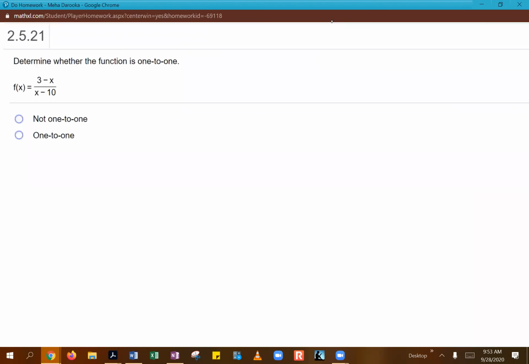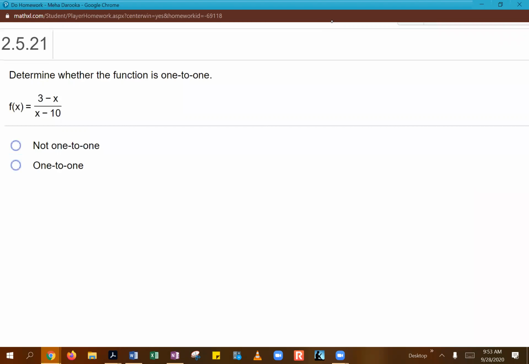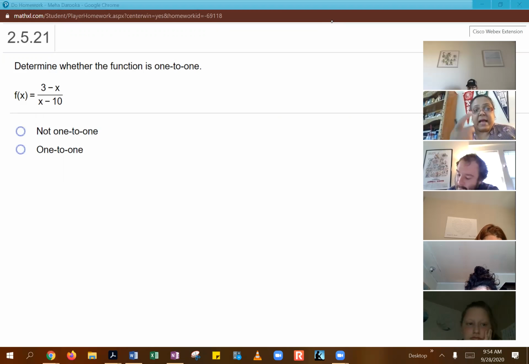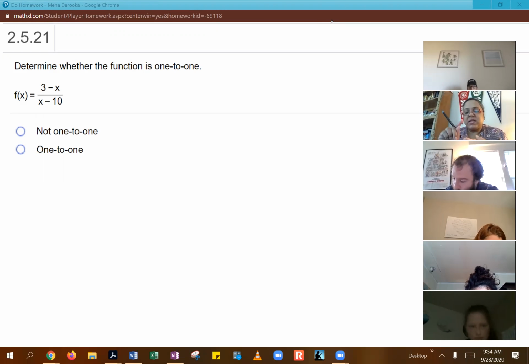And of course, like we had seen with functions, we will not only have just graphs to look at, we will have these equations also that we have to try and figure out if our function is one-to-one or not. So again, falling back to our definition, where we are saying for the same Y, we cannot have two different X values.